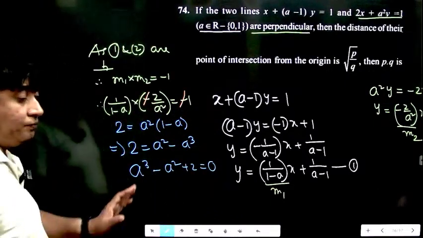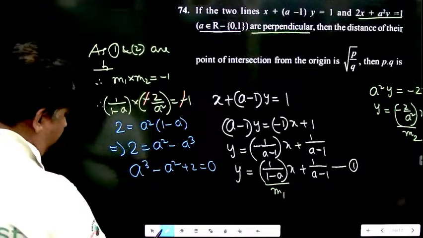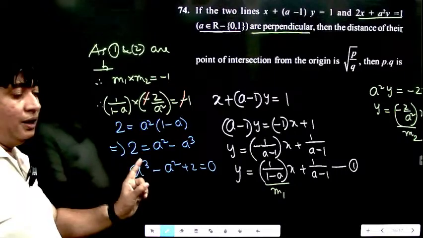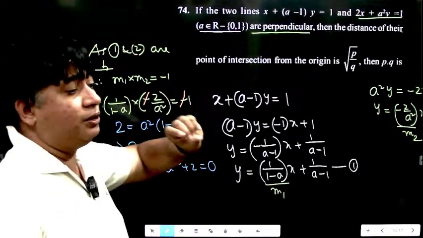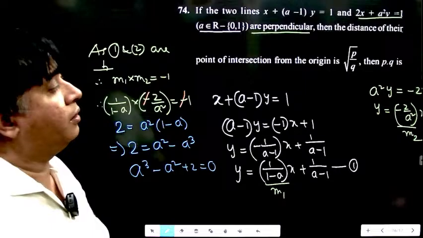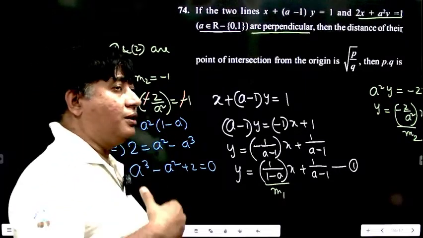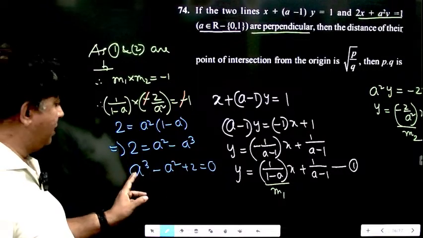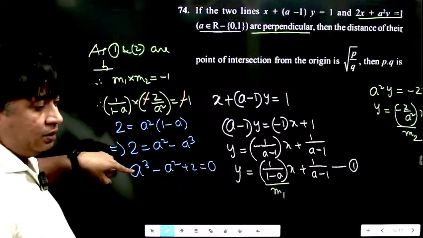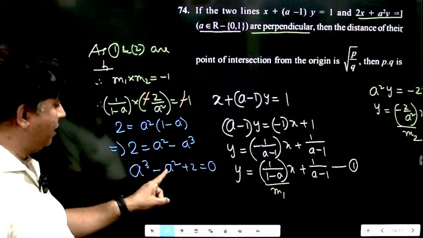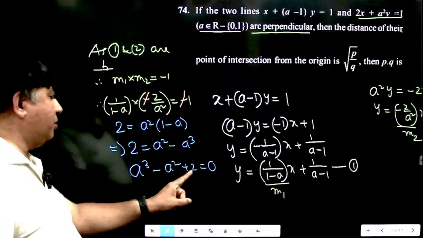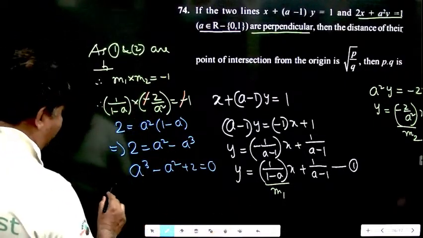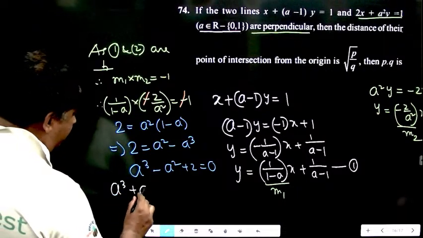Now, how to solve it? Here, you solve it by the zero of the polynomial, the concept which you got in class 9. See, if I put minus 1 in place of a, you will get 0. Yes or no? Minus 1 whole cube minus 1, minus 1 whole square minus 1, minus 2 plus 2. Yes, 0, sir. So a plus 1 will be a factor. So you factorize in this way, a cube plus a square.